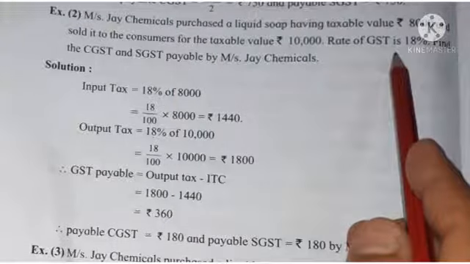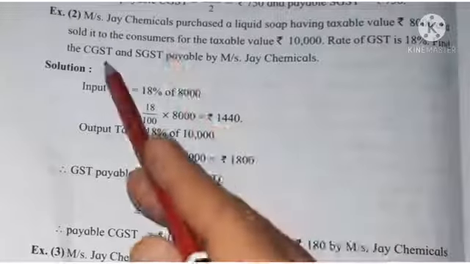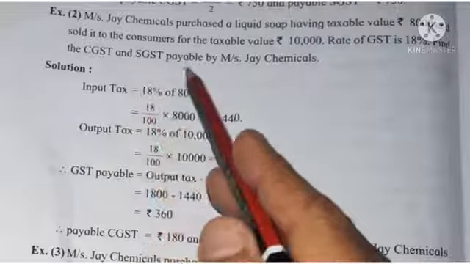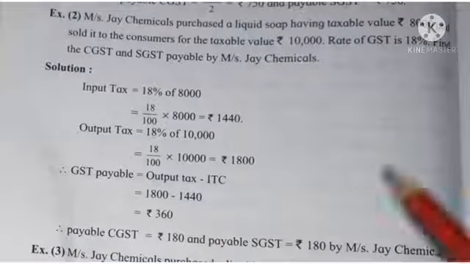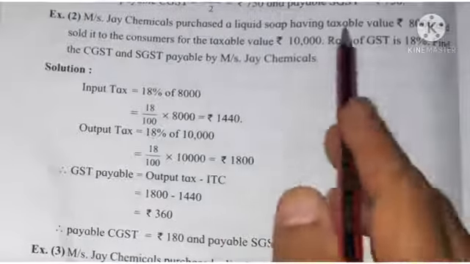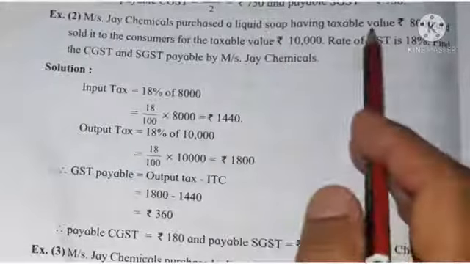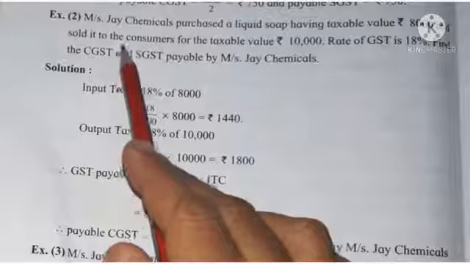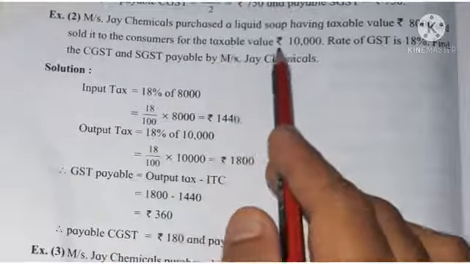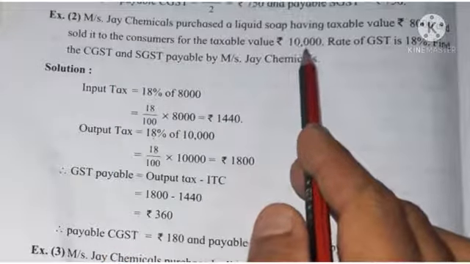Rate of GST is 18%. Find the CGST and SGST payable by Messrs J Chemicals. So what are the things given here? Taxable value of rupees 8,000 is given, and it was sold to the consumer for taxable value of rupees 10,000.